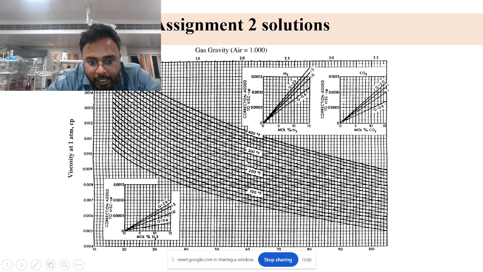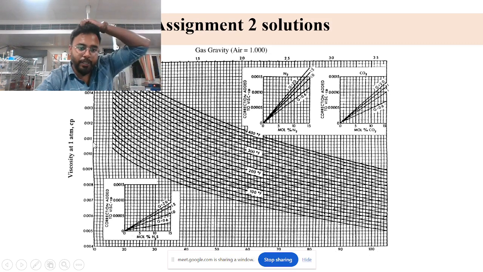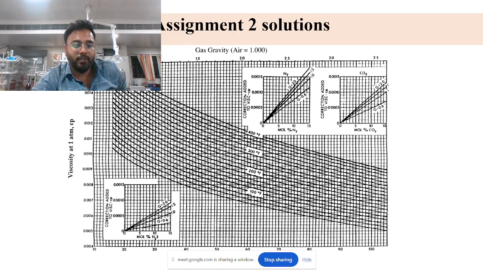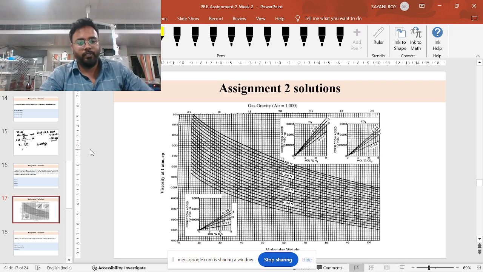So you first combine this 40 with the 240 curved line where it is going. It is maybe somewhere here. Then you go to the left side, and your point will be somewhere between 0.010 and 0.011. Understood? Okay, sir. Thank you, sir.